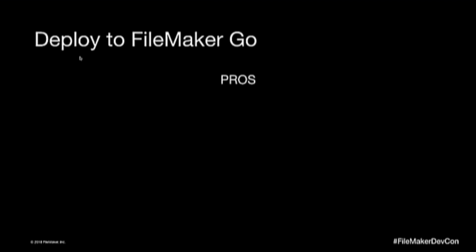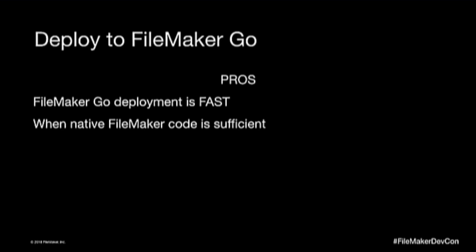Should you deploy to FileMaker Go or to an iOS app? So what are the pros with FileMaker Go? Deployment is fast. You can host it on a server and then it's deployed already. Or you can copy the file directly to FileMaker Go. You can send it in an email and open it. You can download it from a website, or you can put it on iCloud and then copy it to FileMaker Go.